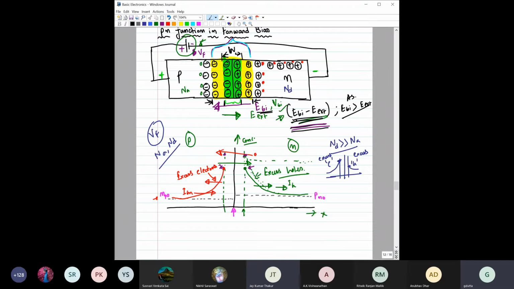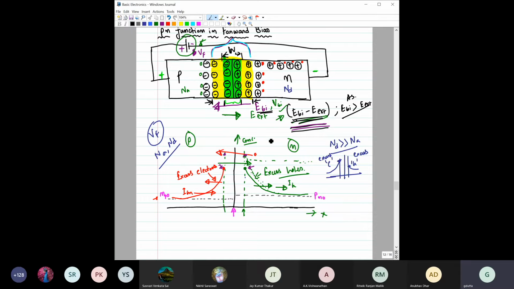So how does the peak of this excess electron concentration depend on VF? So you were saying that if the excess electron concentration is here, then what would be the concentration of holes here? No sir, I mean how this excess of electrons is dependent on VF.